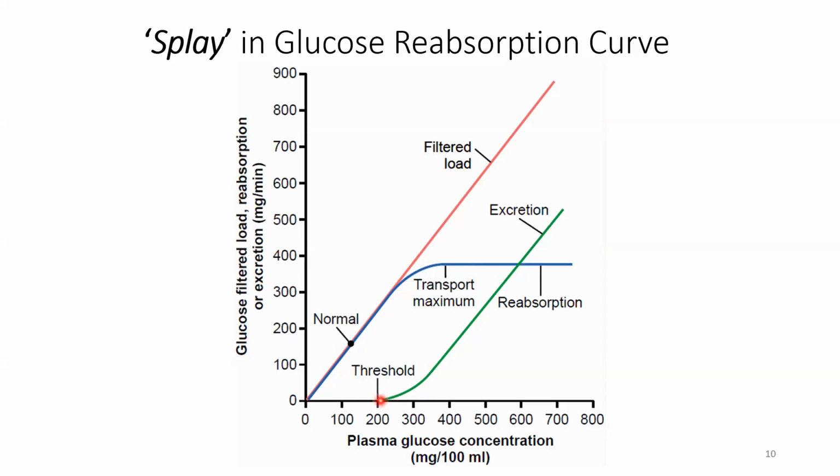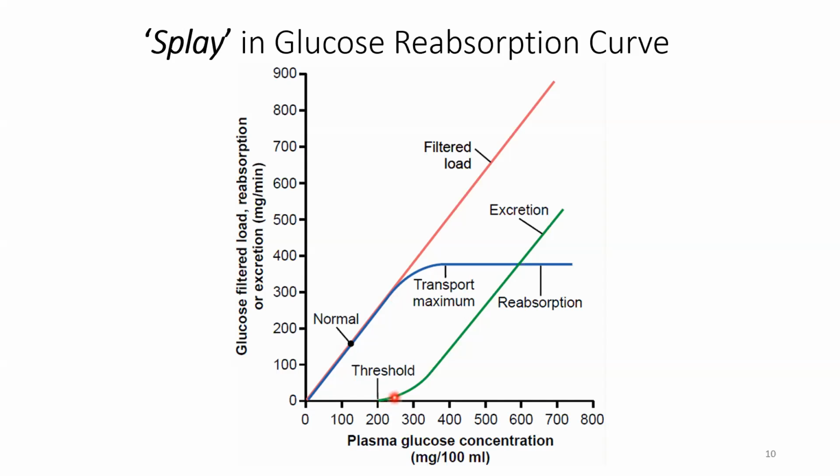Represented are those small nephrons which got overwhelmed in the beginning of the transport maximum for glucose, and they started to dish out the glucose in urine. So glucose will come in the urine right about the threshold, because those smaller nephrons have already become overwhelmed.